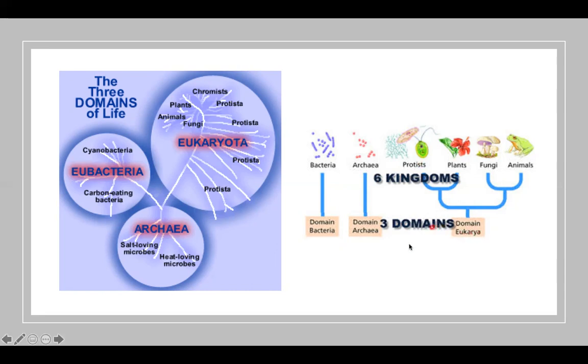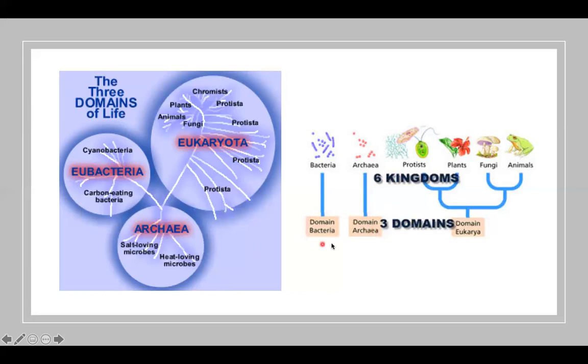Then, in a totally separate domain, we have the archaea, which are a specific type of unicellular organism, which used to be grouped together with the prokaryotes, but they realized actually they had quite a few similarities with the eukaryotes, and they had enough difference to stand alone.